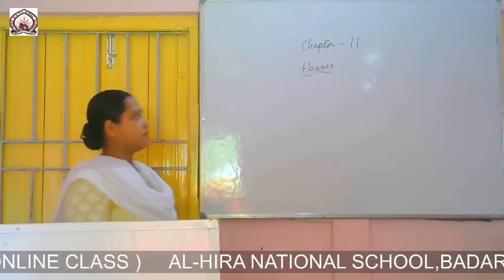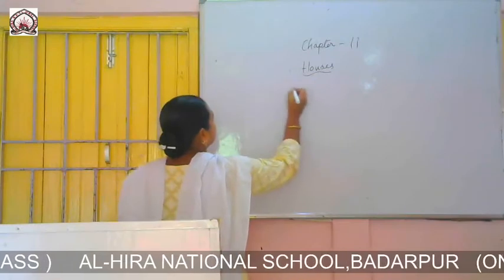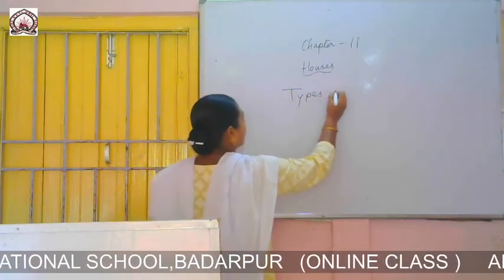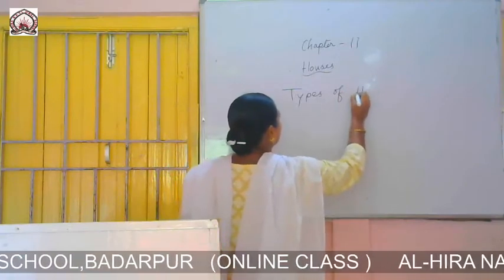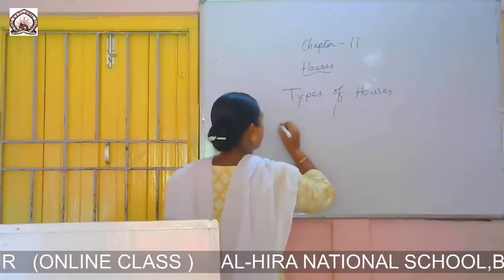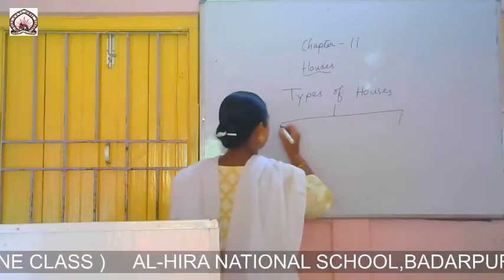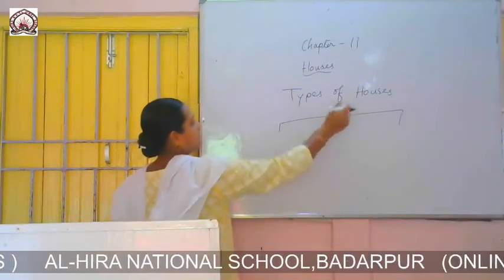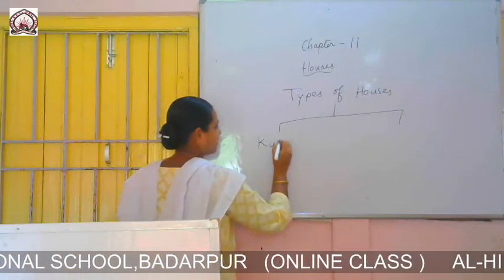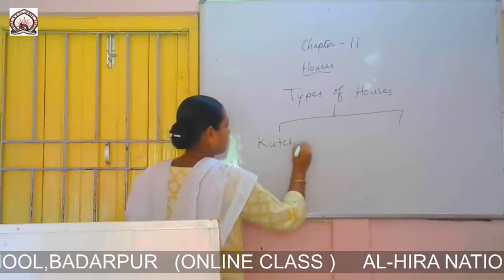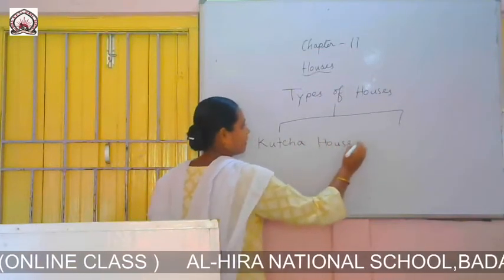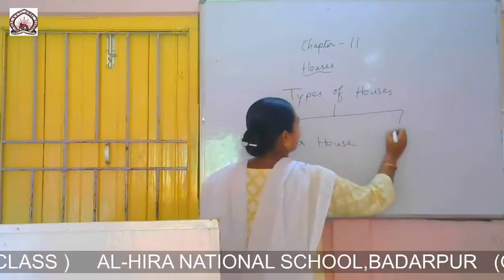So what are the types of houses? One is kacha house, and the other is pakka house.